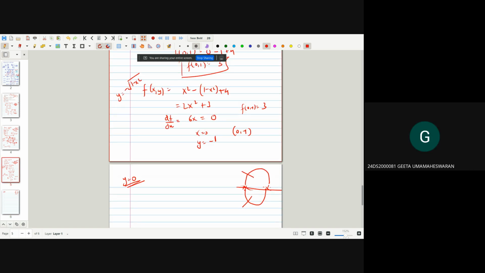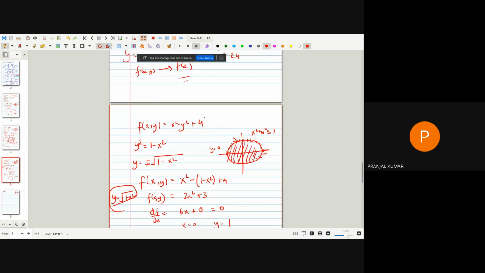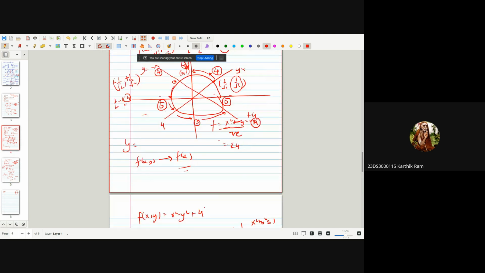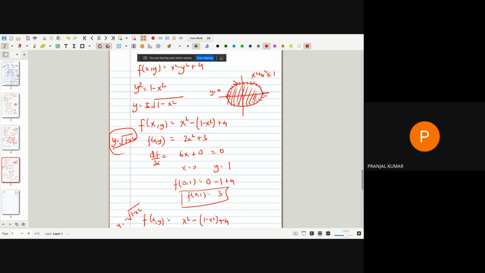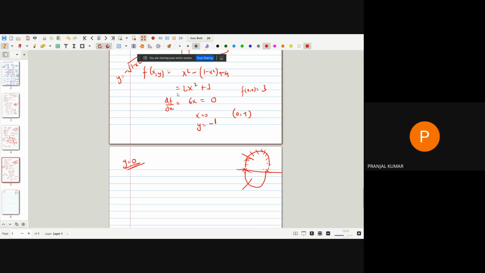It will be 1, 0 and minus 1, 0. What are we finding here in the circle? We are finding how the function behaves on the boundaries, the boundary for which y is positive and the boundary for which y is negative.